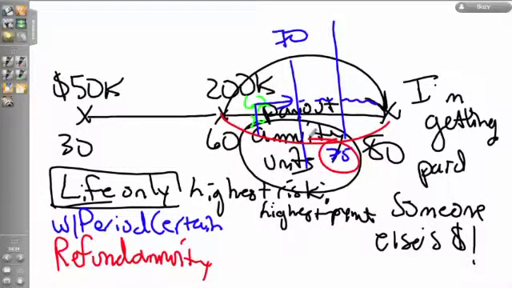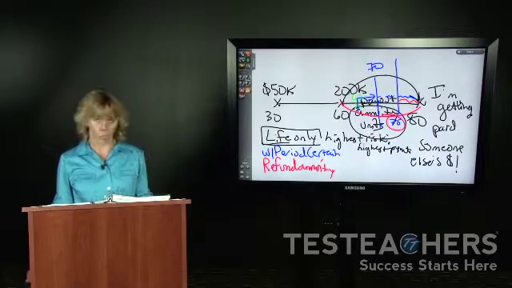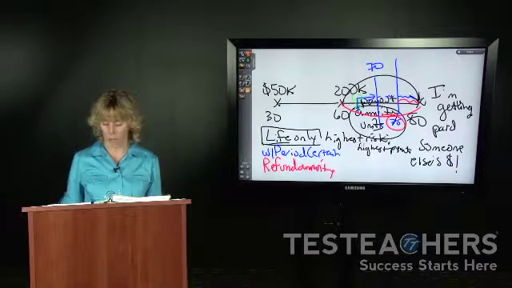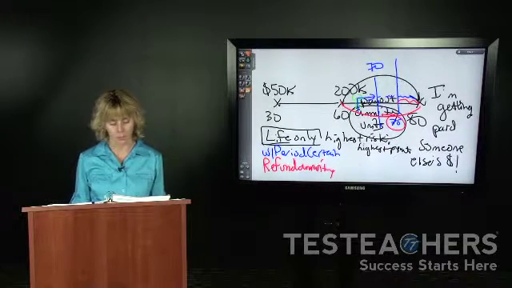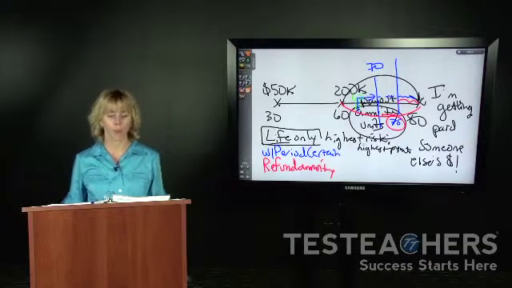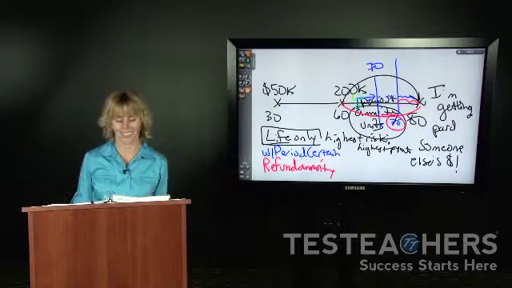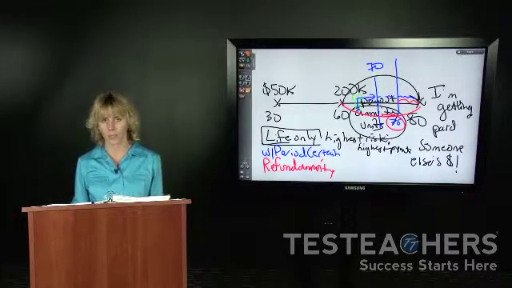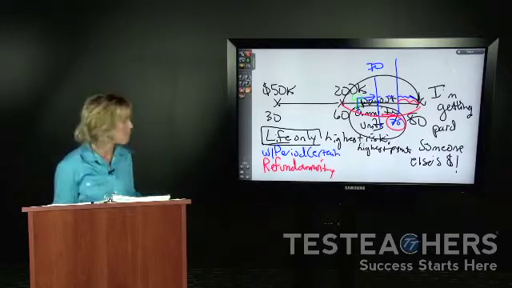So if I died at 75, my beneficiary will get the money I would have received had I lived for 5 more years. They can take the money in a lump sum, which we call a cash refund, or they can take it in installments. An installment refund, they just get paid out monthly. So cash or installment refund life annuity guarantees all of your money. Least risk, lowest monthly payment.